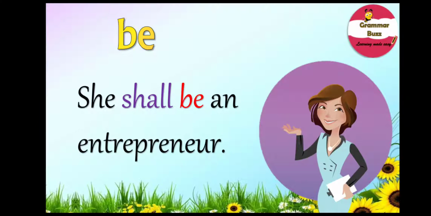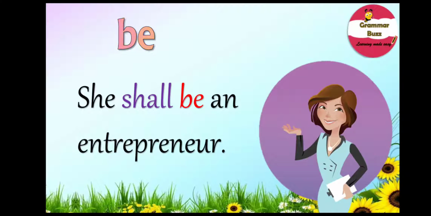She shall be an entrepreneur. Wow, that's great! To aspire to be an entrepreneur is wonderful, isn't it? So which is the be verb in this sentence? Yes, you are right. It is be. That's funny. The be verb in the sentence is be. So cool that is.